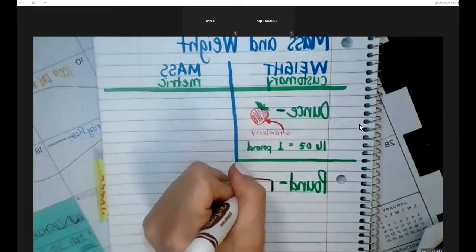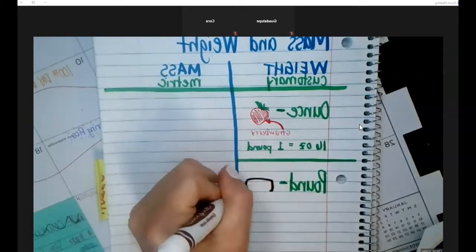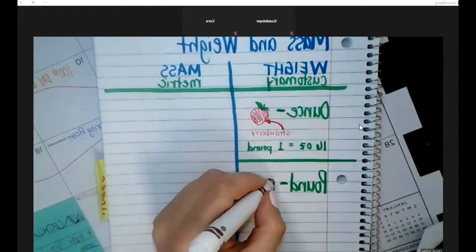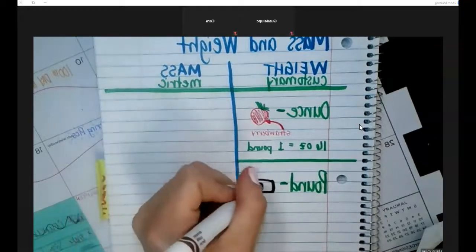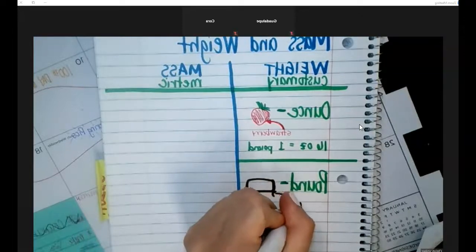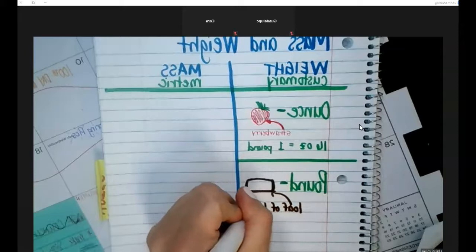You could also think of, have y'all ever picked up a pineapple? Like a real pineapple, not like a can or a jar? That's about a pound. So make sure we label this because that's kind of hard to tell what that is. Loaf of bread.